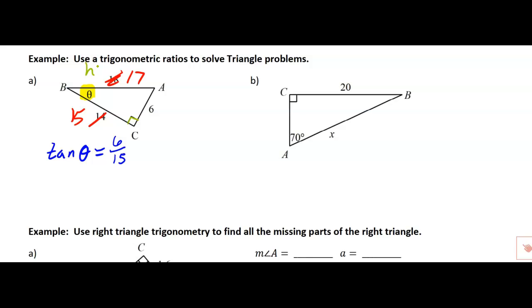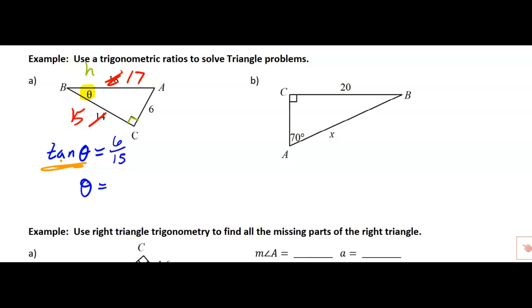No. Okay, so if I want the angle measure, if I actually want to know what the angle is equal to, what do I have to get rid of? What's extra over here? So I need to remove tangent. Okay? So I essentially need to use the inverse tangent. Okay?